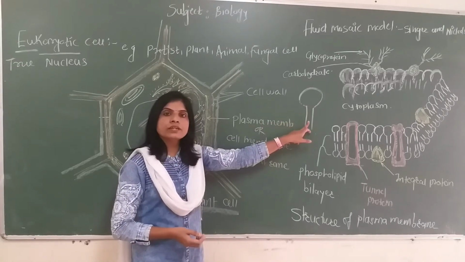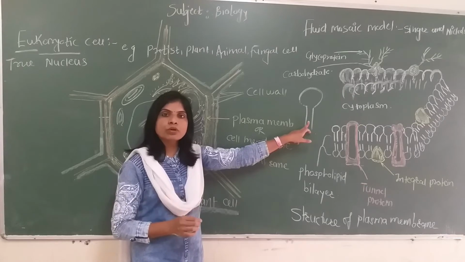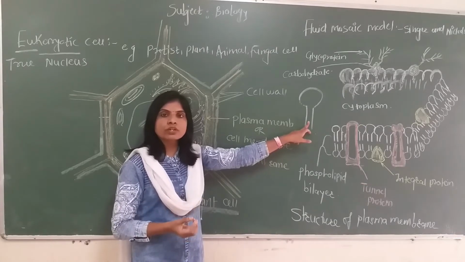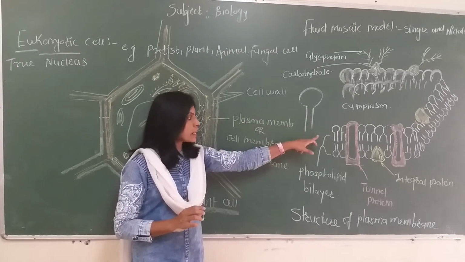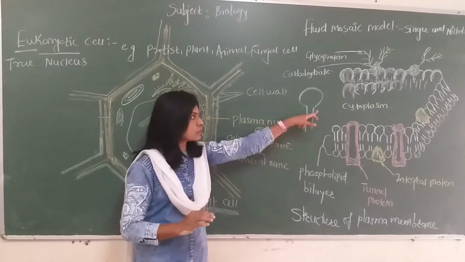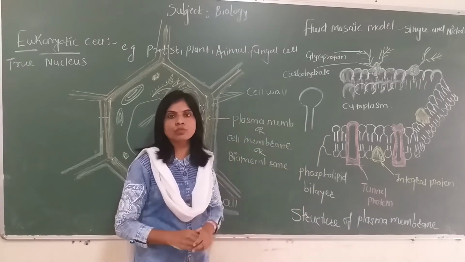The two tails present in the phospholipid molecule are hydrophobic, so they are embedded at the center of the membrane so that they are not exposed to either the fluid cytoplasm or the intercellular fluid.